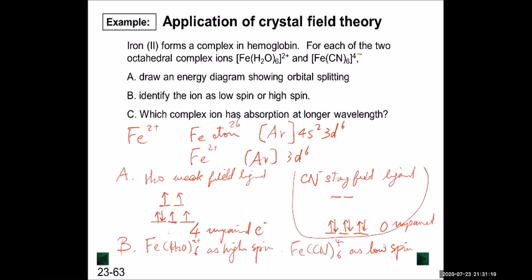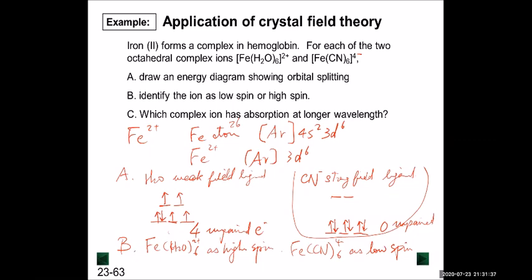And that's how you know the magnetic property of the metal complex ions, based on the number of unpaired electrons in the crystal field splitting prediction.